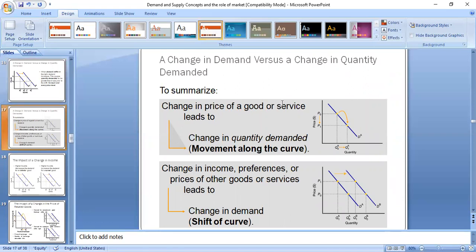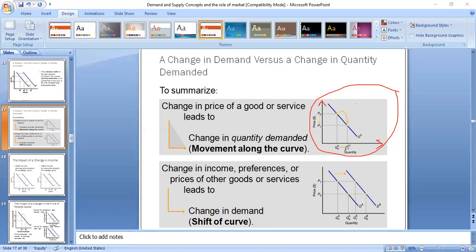So for the change in the quantity demanded, you will draw the normal demand curve that explains the law of demand, where we have price on the x-axis and quantity demanded on the y-axis. So the change in quantity demanded practically is the movement along the demand curve.